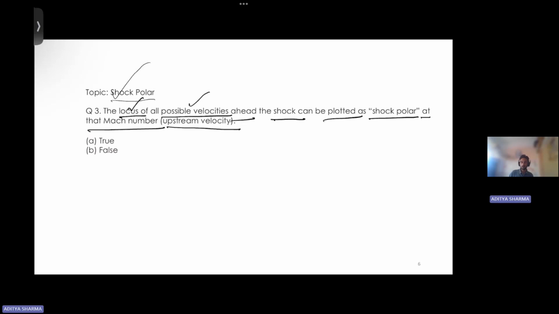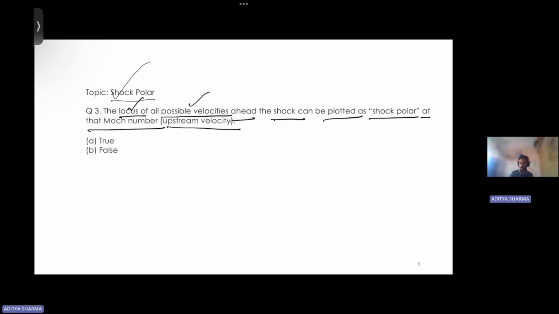So whether those velocities, so that there should not be any kind of confusion in that knowledge, right? So first is that.